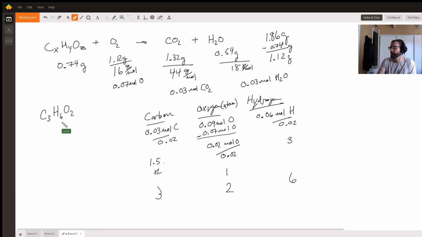You can see we can't divide this by anything smaller, so this is our empirical formula, but it is also our molecular formula. When our empirical is equal to our molecular, yep, this is the answer.